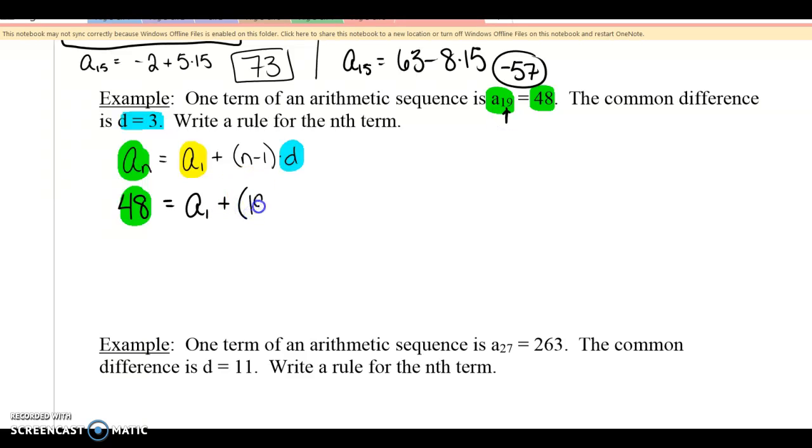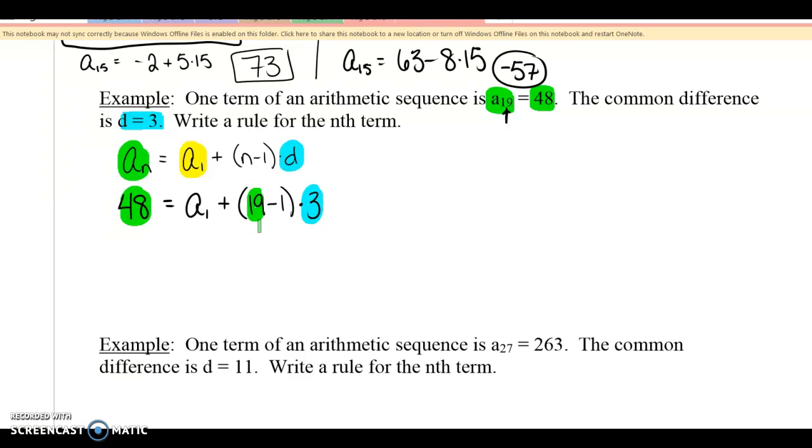So I'm going to use 19 in place of my n. And I do know that my common difference is 3. So I want you to see how I used the 48 and the 19 in that problem. Because 48 is the 19th term, we use 19 in place of n.